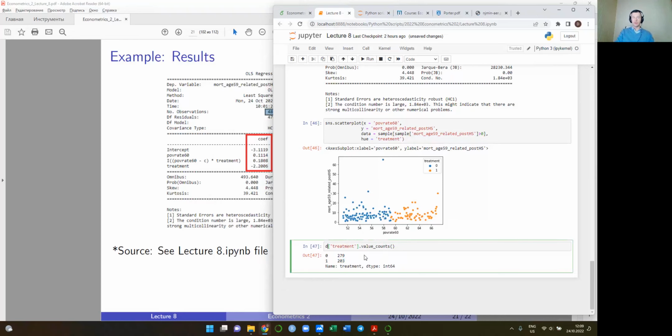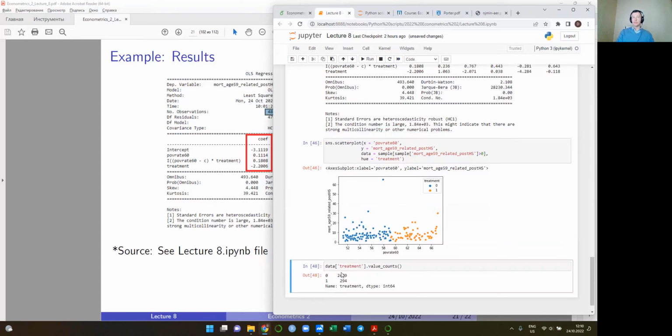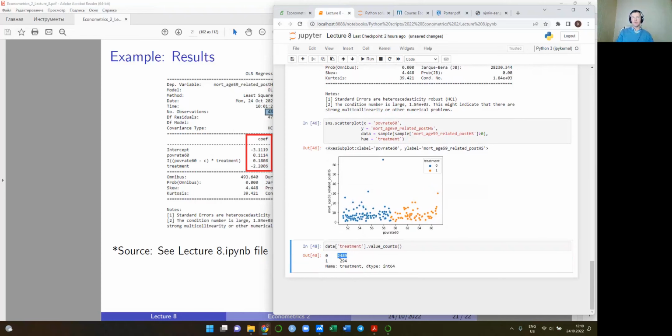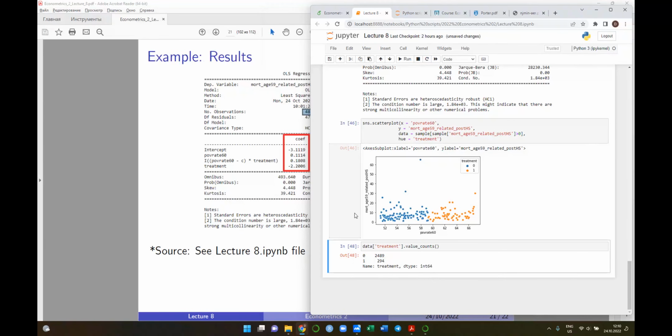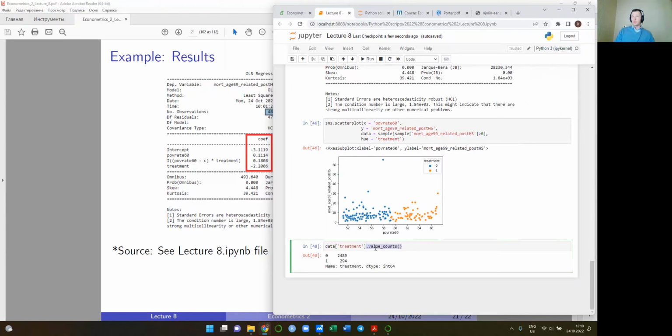But if we look at the whole data, you see there are 2,489 and less than 300. Well, basically, not all counties are treated here. 194. And a nice function from Python, value counts, if you need to compute how many distinct values are present in your variable.